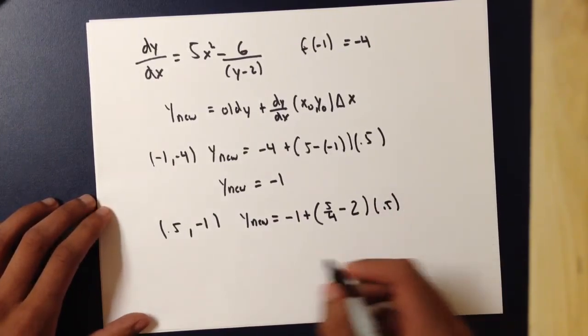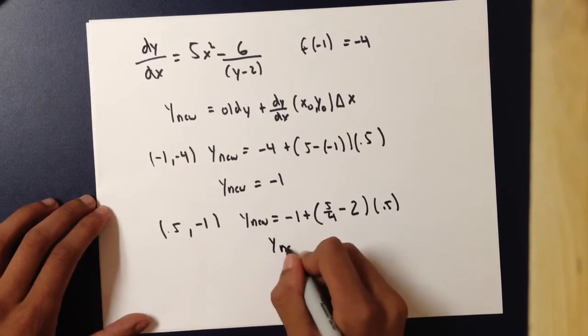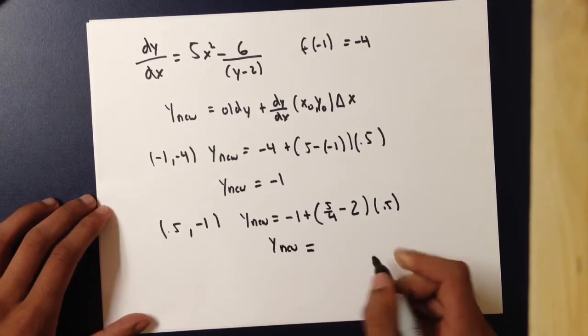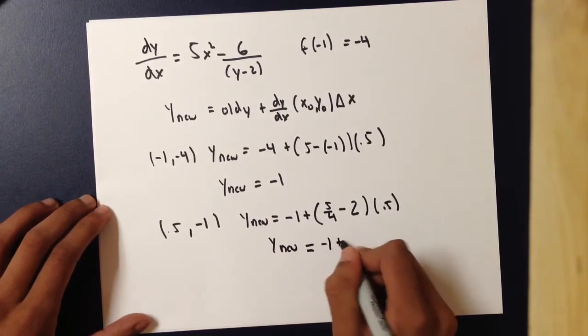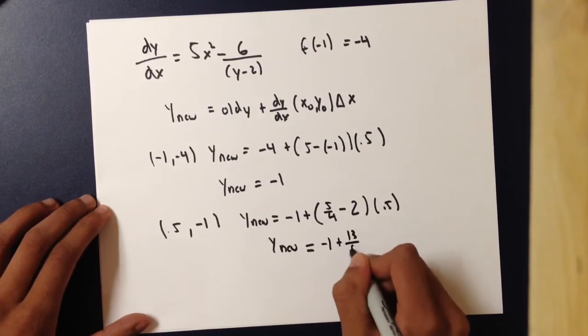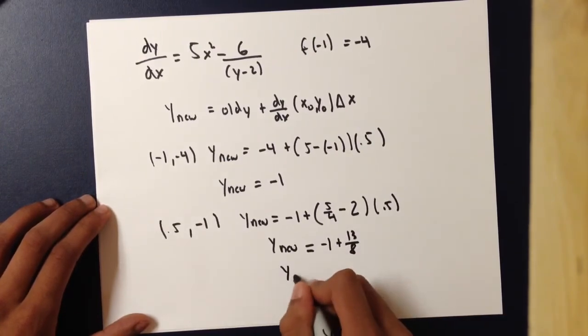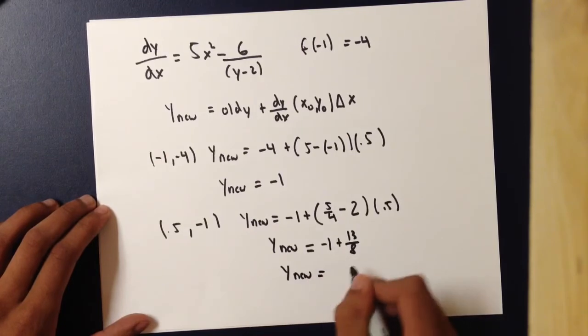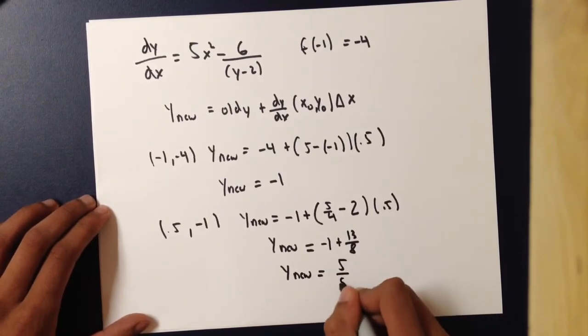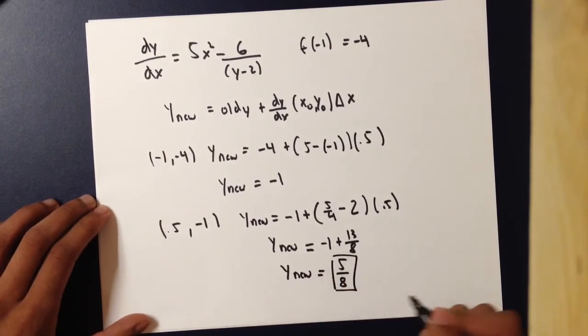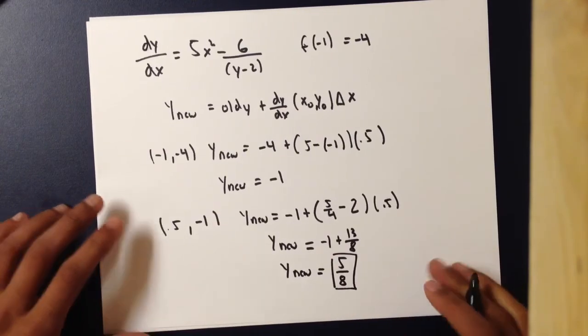So when you simplify this, you get that the new y is equal to -1 plus 13/8. So the new y can be equal to 5/8. So that's the answer for this equation.